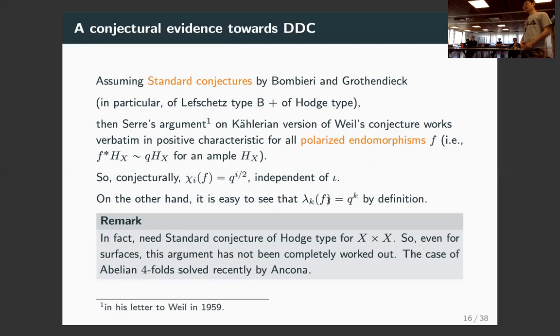This was proved by Weil himself at the very beginning. At that time, he didn't know any standard conjectures, and now we know that the standard conjecture of type D was proved in the 90s, and the standard conjecture for Abelian fourfolds is also very new. So this makes us suspect that we may try another way to consider the Weil Riemann hypothesis without using standard conjectures.